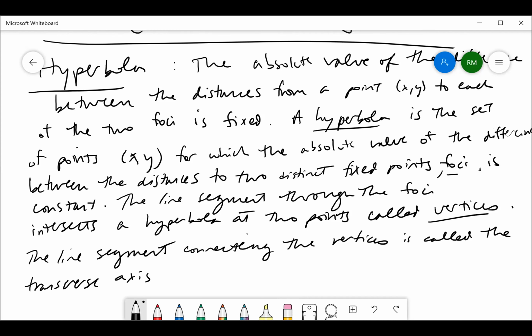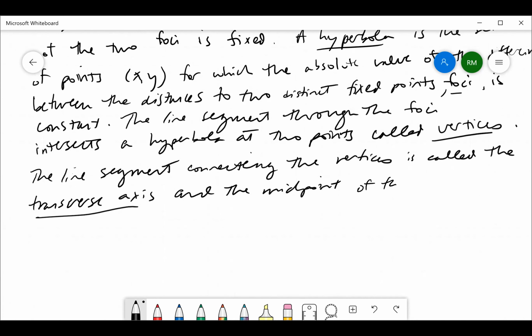And the midpoint of the transverse axis is called the center.